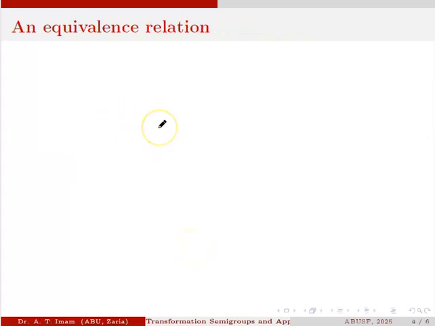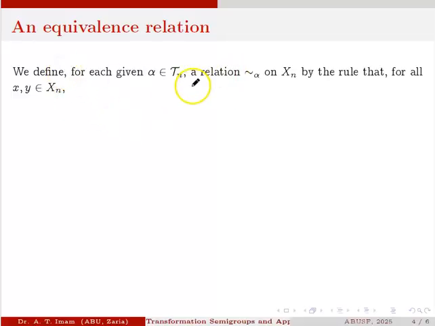So with this concept, we can define an equivalence relation, again, with every alpha in Tn, such that the relation tilde alpha on Xn is defined in the following way. So two points x, y from Xn will be related: x is related to y if and only if there exist s, t, non-negative integers, so that x alpha^s is equal to y alpha^t.